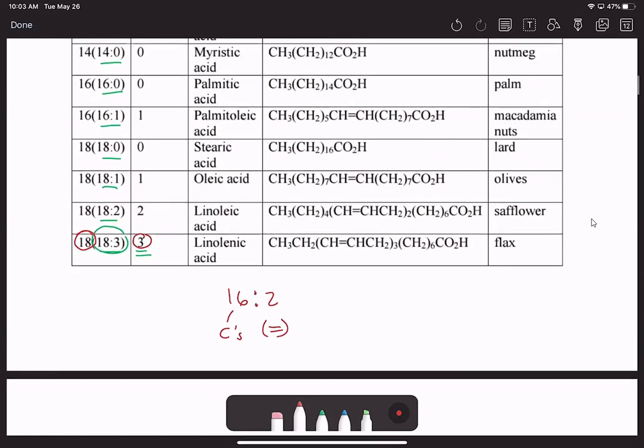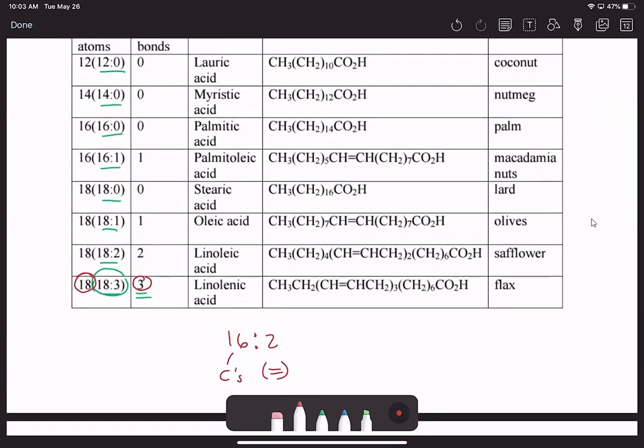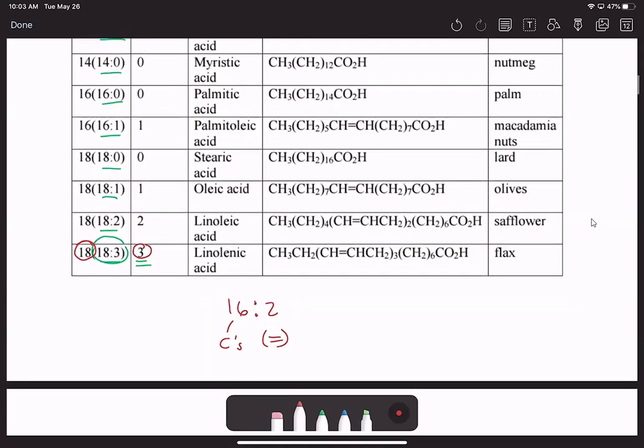I want to take one here and draw it out, because your homework is going to ask you to do something very similar to this. So what I'm going to do here is take this very last one. I'll move that information over here, 16.2. This is for the number of double bonds, and this is for the number. So I'm going to redraw this.